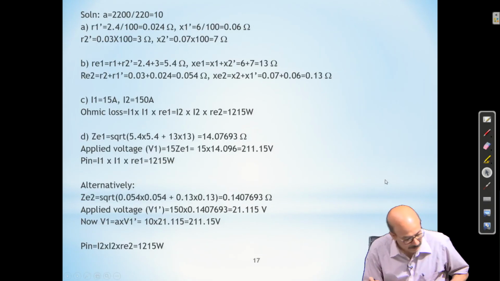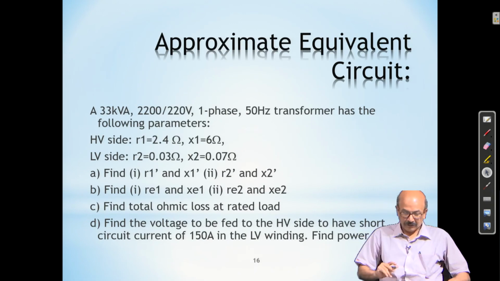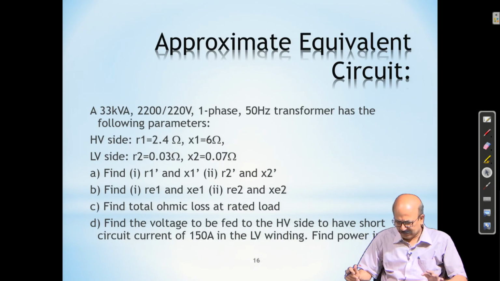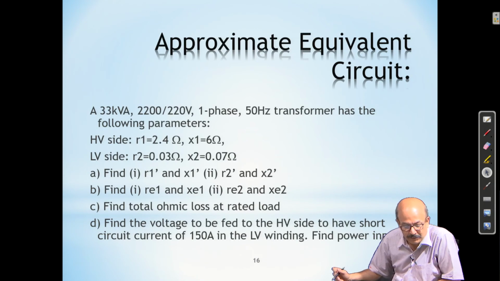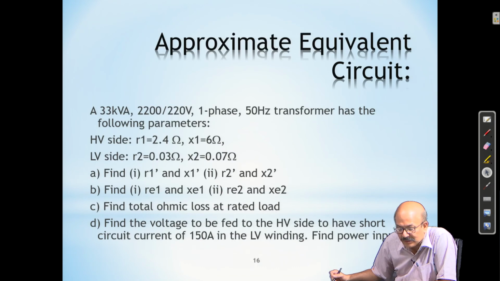Next, let us solve a problem quickly, because now we know how to refer to the primary side and how to refer to the secondary side. If we solve these problems, it will be quite convenient and easy to follow. So take this problem of a 33 kVA, 2200 by 220 volt, single phase, 50 Hz transformer that has the following parameters.